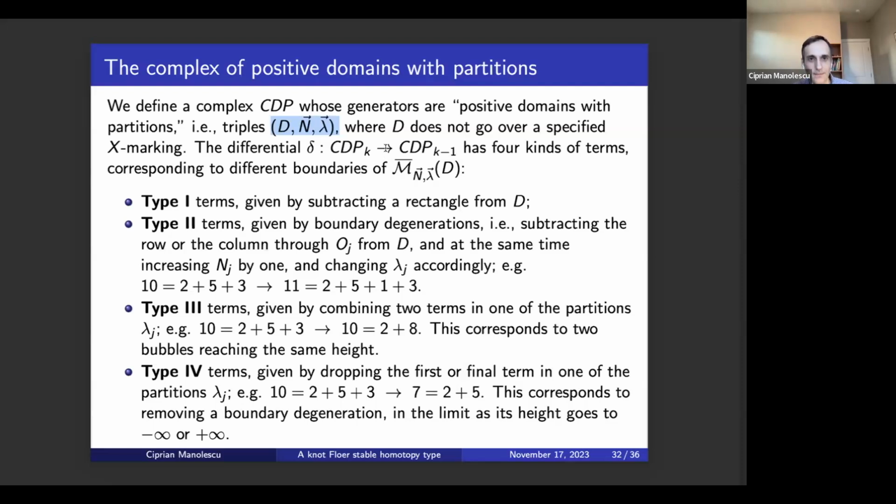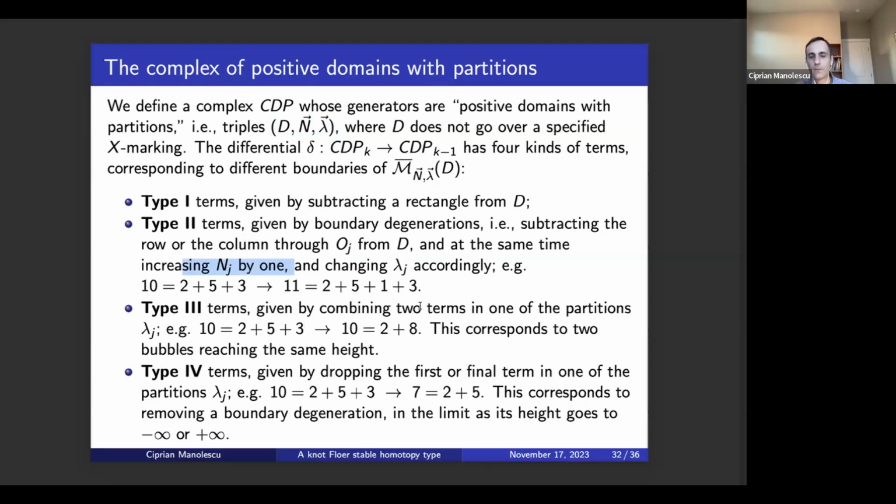So for example, the differential of a triple D and lambda has one term corresponding to subtracting a rectangle from D. This is just a broken trajectory. And then it has type 2 terms subtracting a row or a column through D and increasing n by 1, meaning you have a bubble degenerating. So that's some other term in the differential.